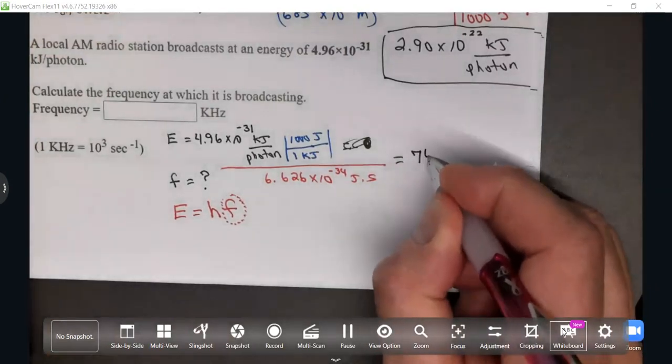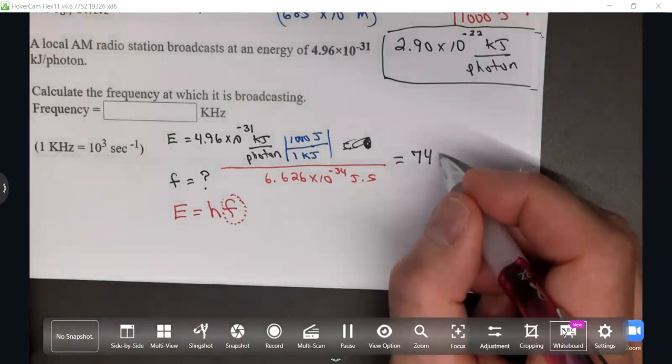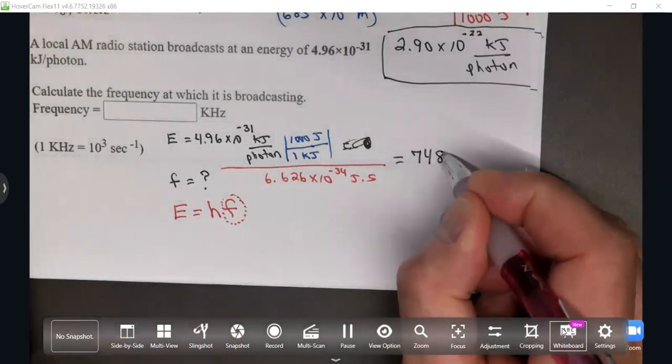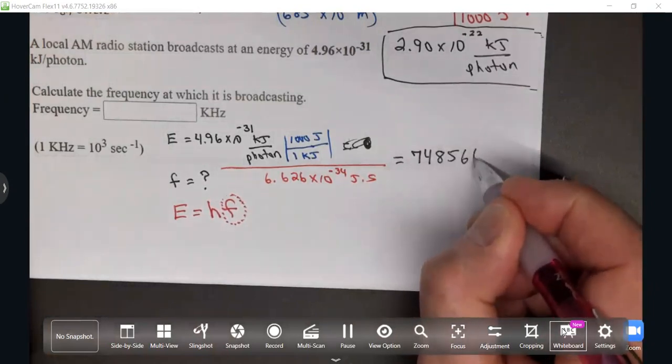I've got 7.4. We can fix this up, talk about sig figs, but if I write the whole thing down, I got 8.566.